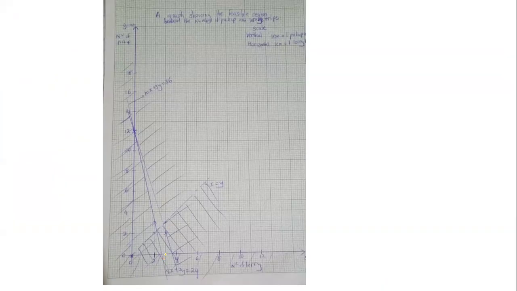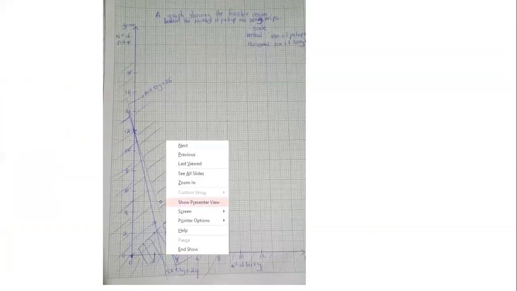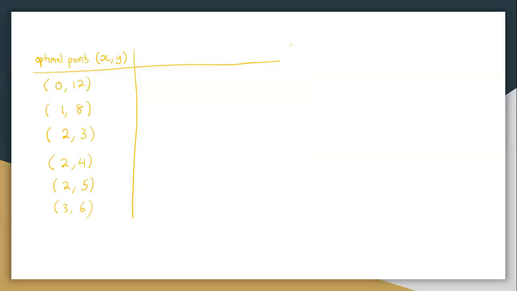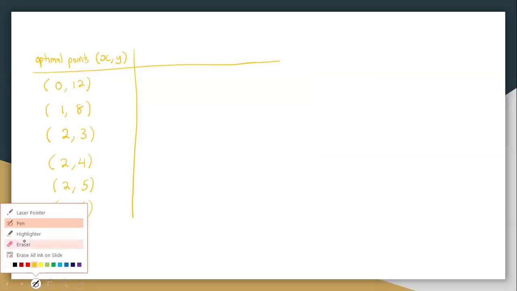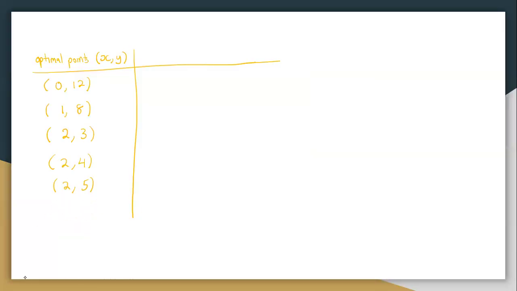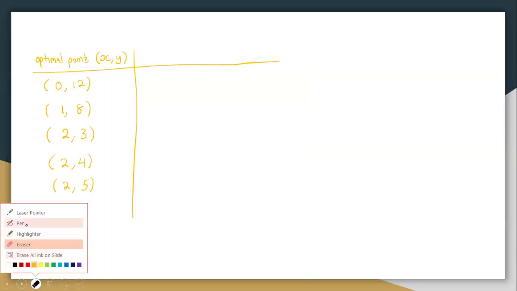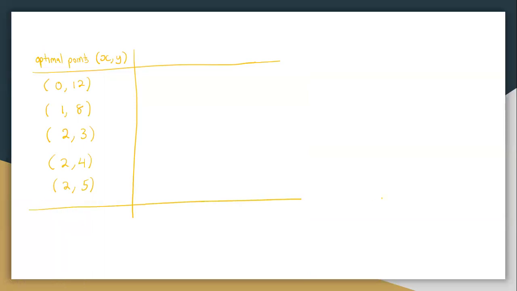Because if this is my 3, looking at this graph, 6 is here. On my graph, it shows it is out. Okay, so 3 and 6 is out, so allow us to remove it. It must be within the region. Now, these are some of the points that we have.